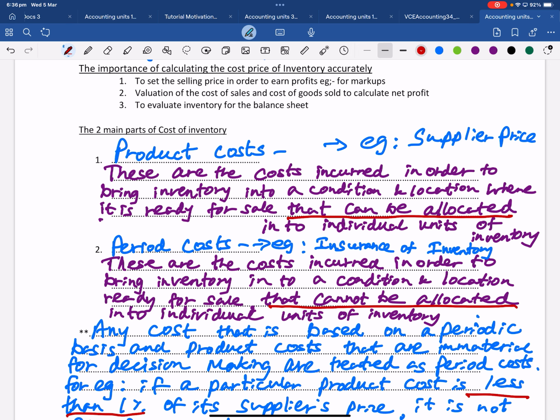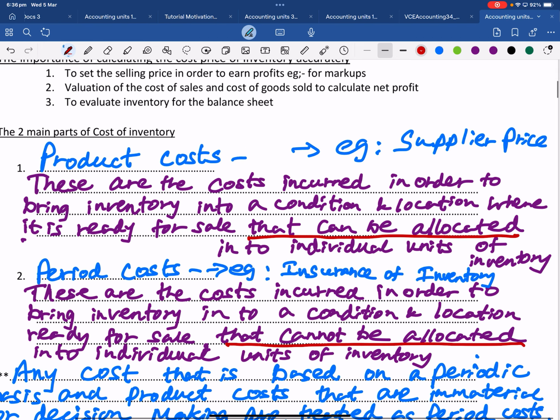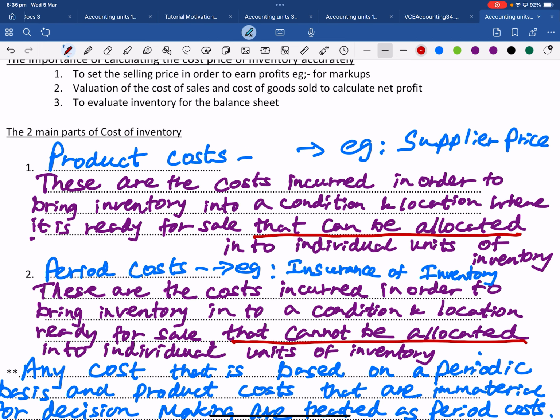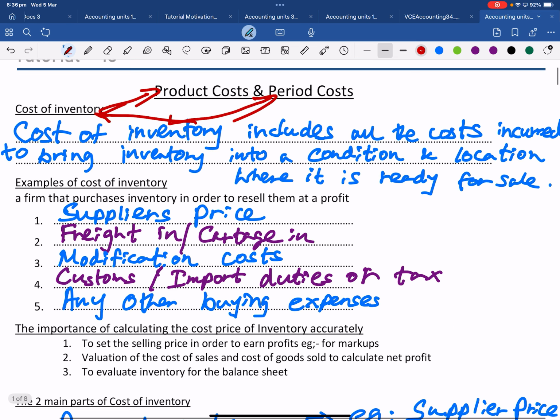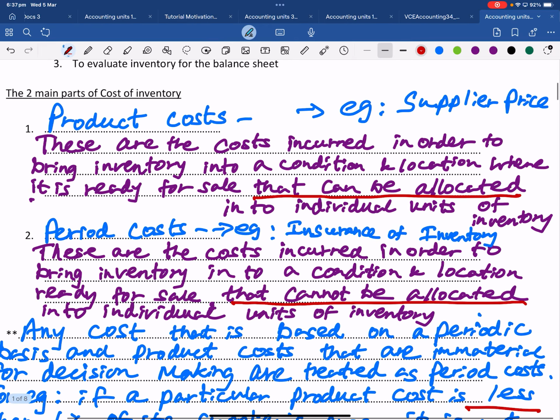I'll tell you why the other things wouldn't be product cost. What is first of all product cost? Again, the same definition as the cost of inventory. These are the costs incurred to bring the inventory into a condition and location ready for sale. So that's the same definition that we did before. But it is not enough. It's not going to stop there.